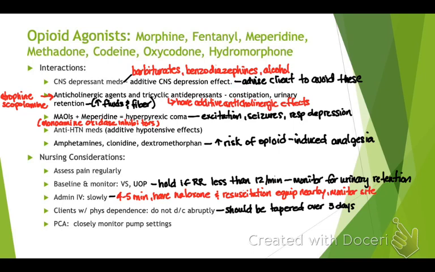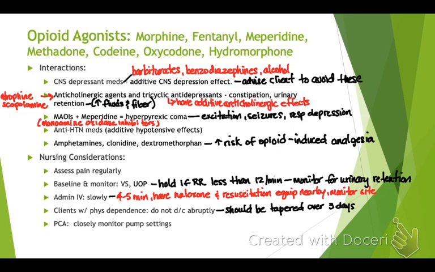Anticholinergic agents and tricyclic antidepressants also have interactions. Examples of these meds would be like atropine or scopolamine, will cause them to have constipation, urinary retention. So again, have an additive anticholinergic effect with the tricyclic antidepressants. So you have to give these with education and with caution.